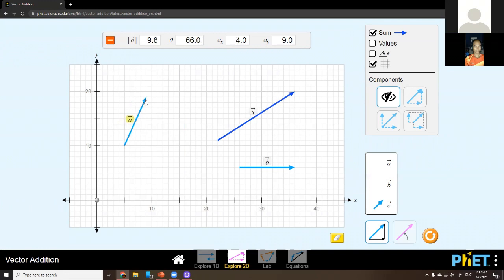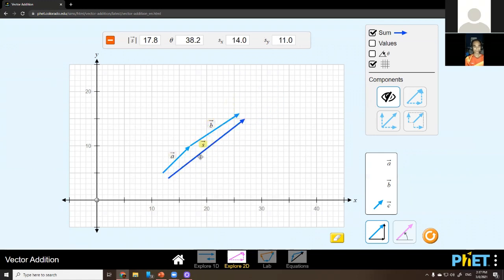So I put A over here and B in this way. So this is the sum, right? So A plus B is the sum of it.